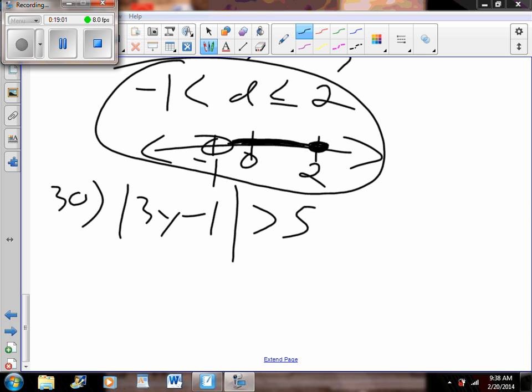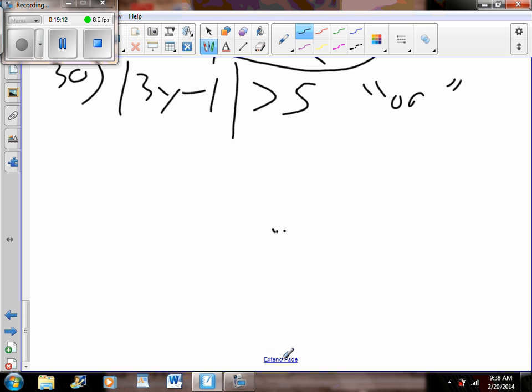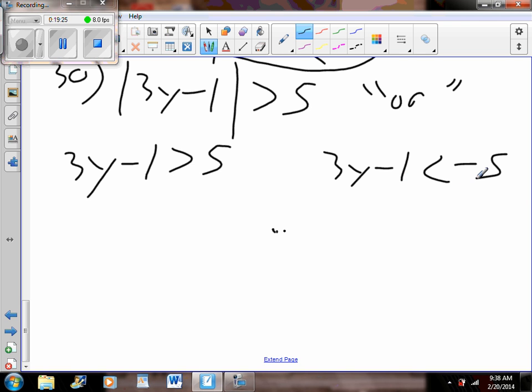So it's the union of solution sets here versus the intersection. Now let's generate our 2 equations: 3y minus 1 greater than 5 and 3y minus 1 less than negative 5.